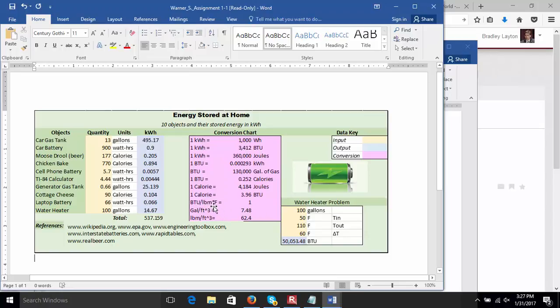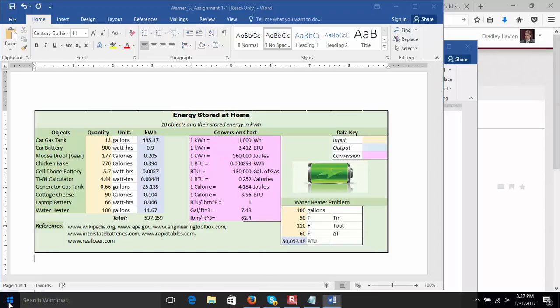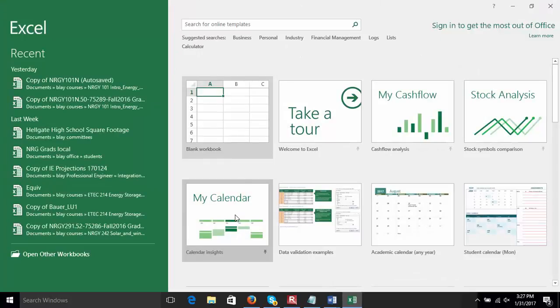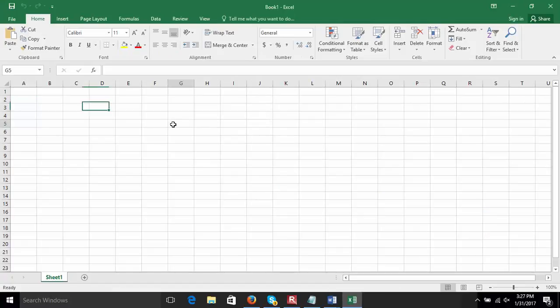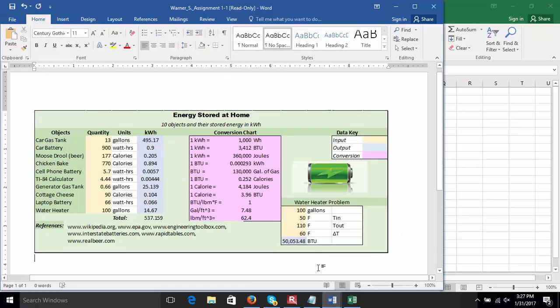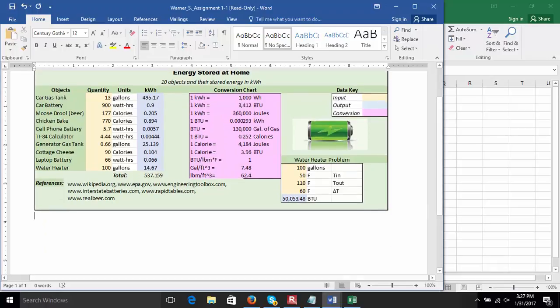One comment on that: he's got a multiplication there, and I understand what he means, but if you were in Microsoft Excel, let's do one quick example. You can insert the symbol just like in Word.